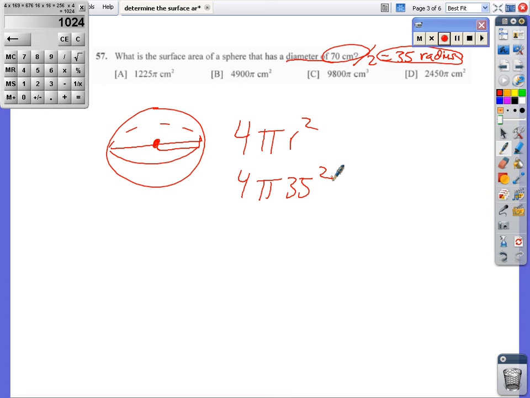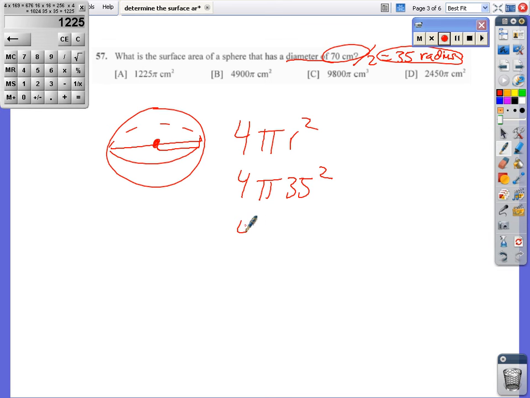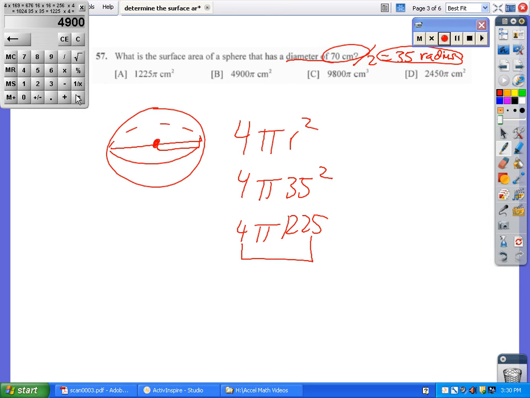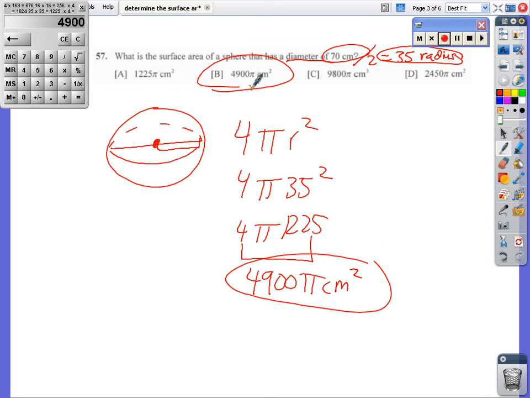I don't know 35 squared, so 35 times 35, or hit the square button. So it's 4 pi 1,225. I'm going to use the commutative property of multiplication and multiply them times 4. I got 4,900 pi. Are we in centimeters? Yes, centimeters squared. There we go. All right. So diameter, just cut it in half. Get the radius. Next one.